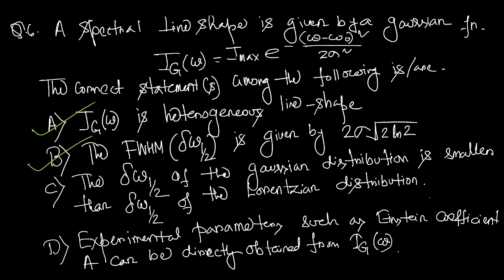Now, d omega half of the Gaussian distribution is smaller than d omega half of the Lorentzian distribution. If you look at this distribution, I can think this is the Lorentzian distribution, and this is the distribution of the Gaussian.